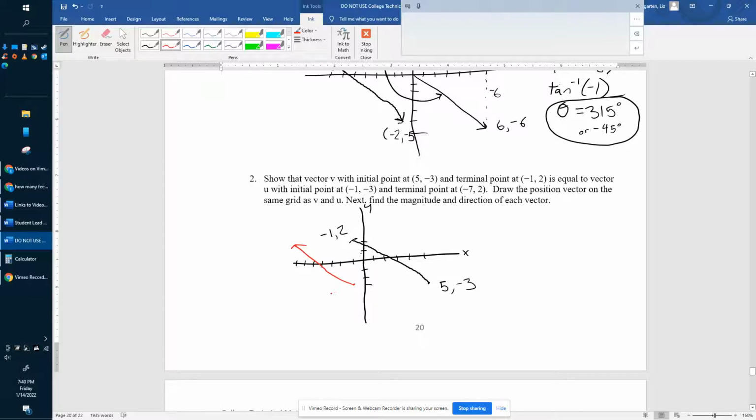So this one is at -1, -3, -7, 2. Well, we can see that we just moved these over 6 places.